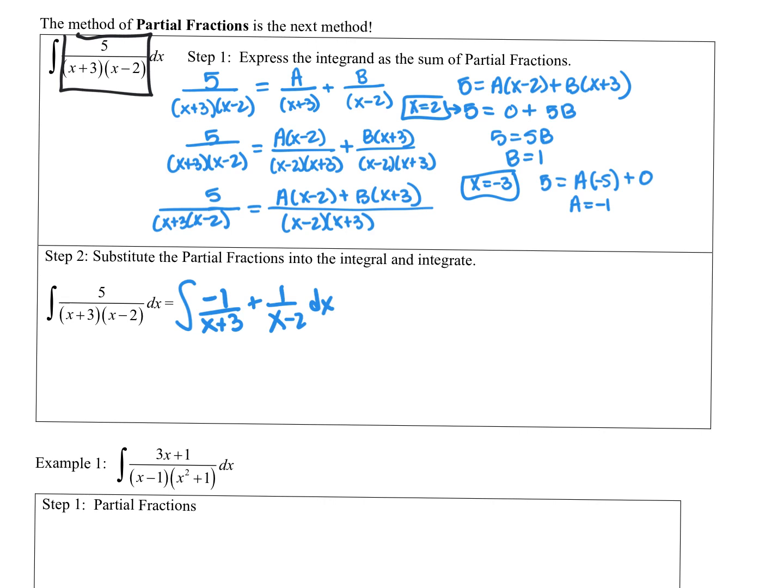And the reason why this is so helpful is because now we can do the antiderivative of these separately. I can even pull out the negative in front of this first one. And these are actually very easy integrals now.